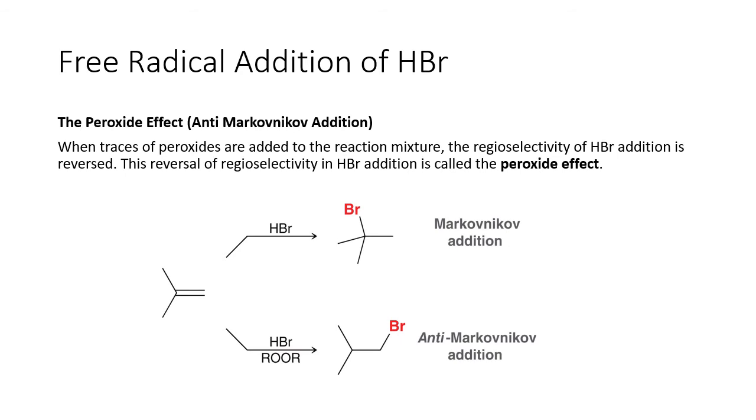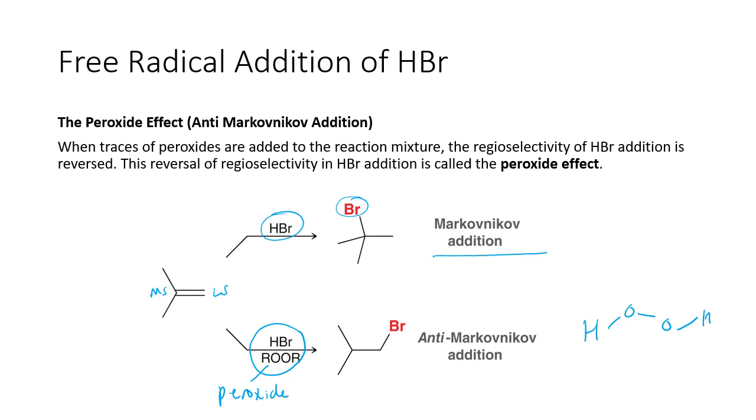We previously looked at the addition of something like HBr or HCl across the double bond, and what we saw normally was that when we use something like HBr, the bromine got added to the most substituted side, and hydrogen got added to the least substituted side. That was called the Markovnikov addition. But what's interesting is if we use the same reagent HBr, but we perform the reaction in the presence of peroxides, so that's what this ROOR is representing as a peroxide, where maybe instead of hydrogen peroxide, which is HOOH, we could replace the hydrogens with any alkyl groups, really, or it could be just simple hydrogen peroxide.